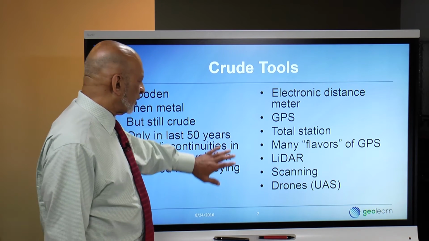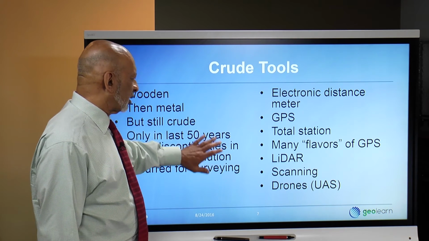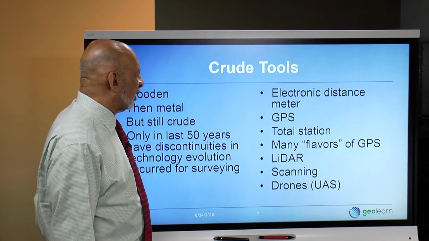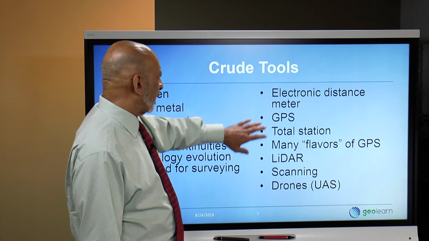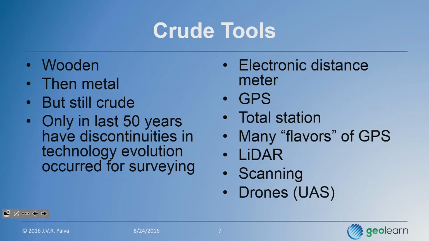And only in the last 50 years, and maybe even the last 30 or 40 years, have we had these disruptive devices like the electronic distance meter, the global positioning system, GPS, and the total station, which essentially combined the electronics of an electronic distance meter into a theodolite, which then had more electronics added to it for its angle measuring capabilities.